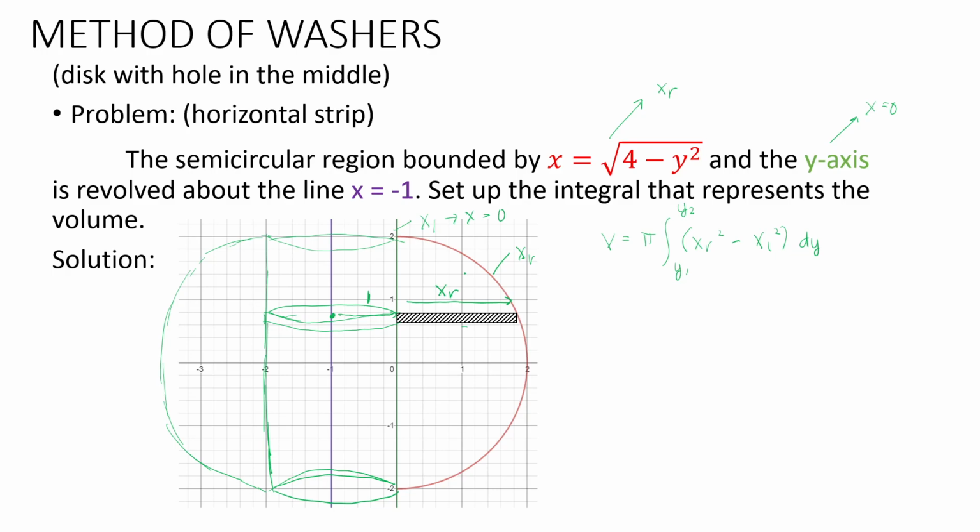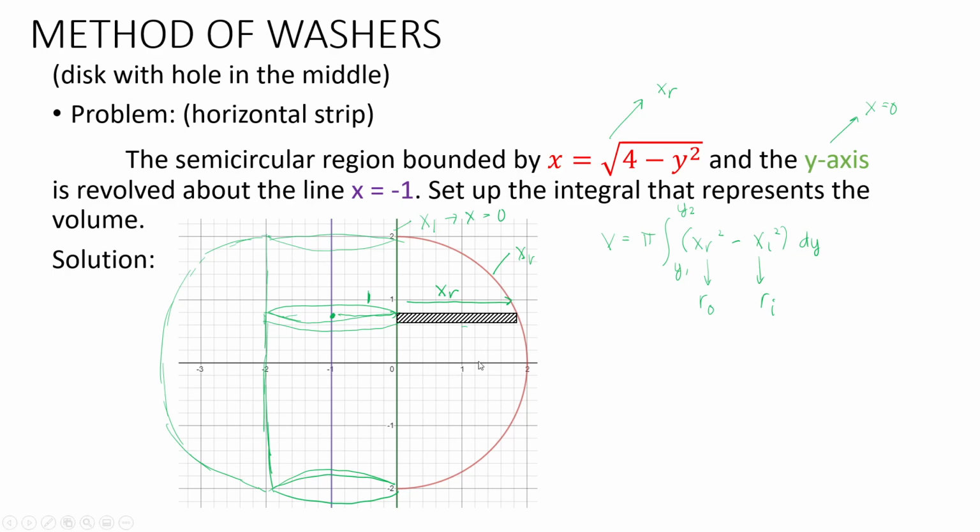So our outer radius, you have to understand that this one is the outer radius, this one is the inner radius, in case you are rotating it about another line, not the x or y axis. If it's on another line, let's say -1, 4, 3, you have to understand the concept of outer radius and inner radius because you have to base those distances from the axis of revolution or axis of rotation, which in this problem is x equals -1.